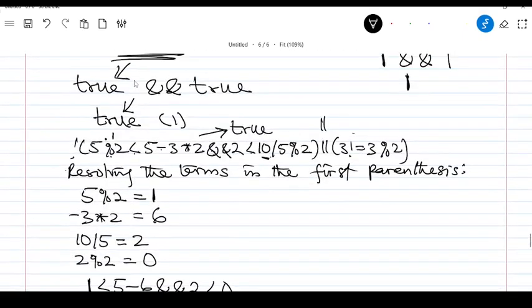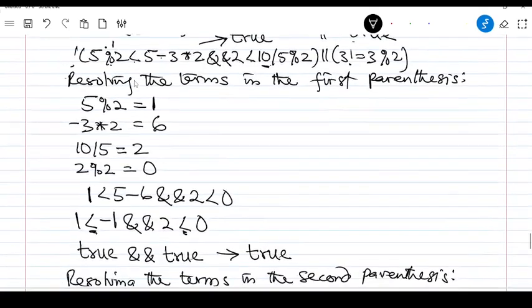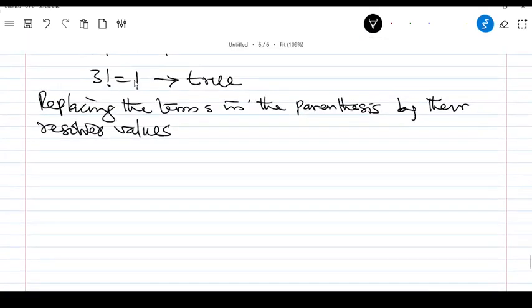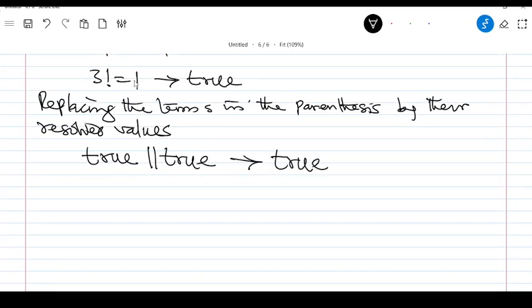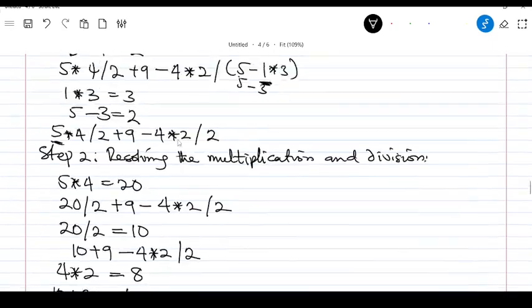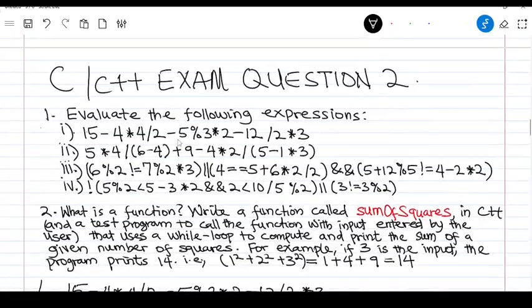So let's go. Here is true and here is also true. So we have true or true. And true or true is actually equal to true. And that is our final answer for that question. So we have solved all of question 1 right now.